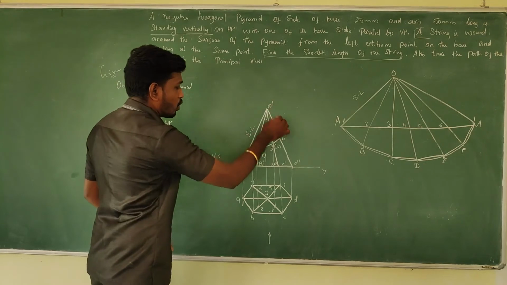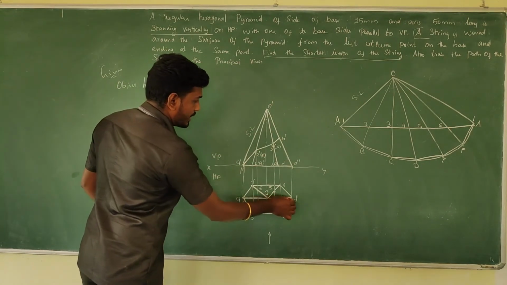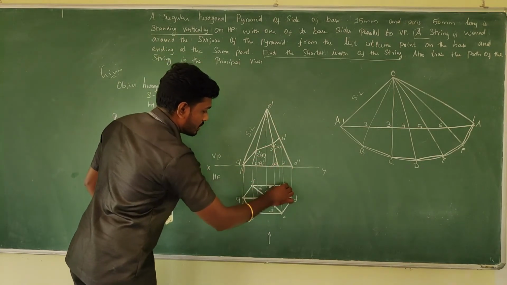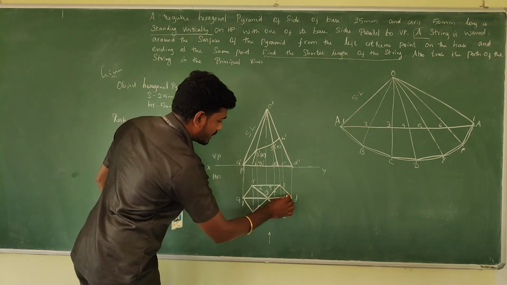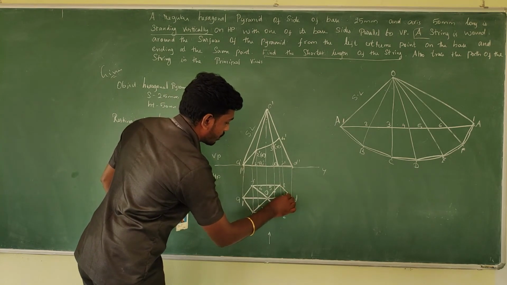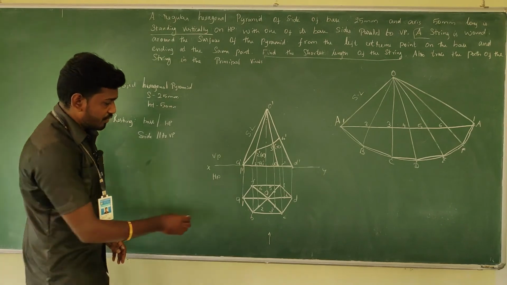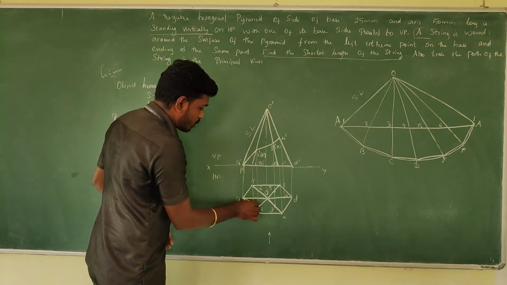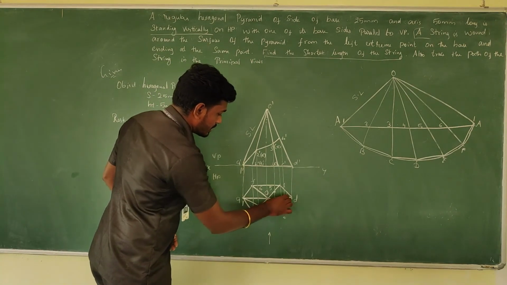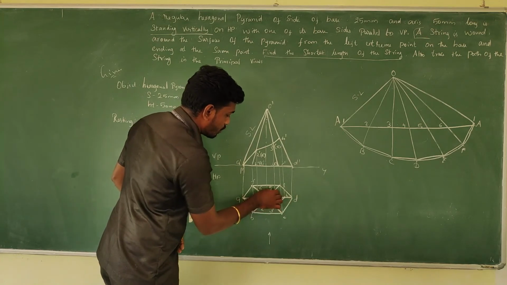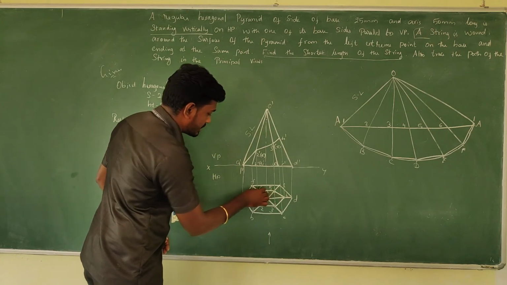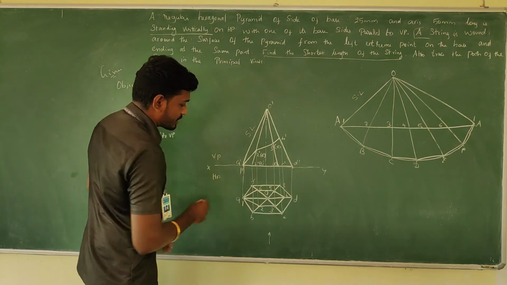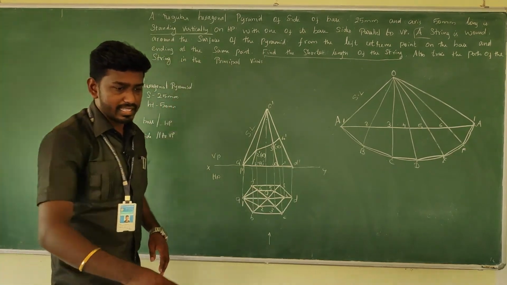And where is 4? Between O to D. Take the projector, intersect, so that you will get the 4. If you just draw a line from 1 to 2, 2 to 3, 3 to 4, 4 to 5, and 5 to 6, 6 to 1, with the help of a scale, you will get the trace.